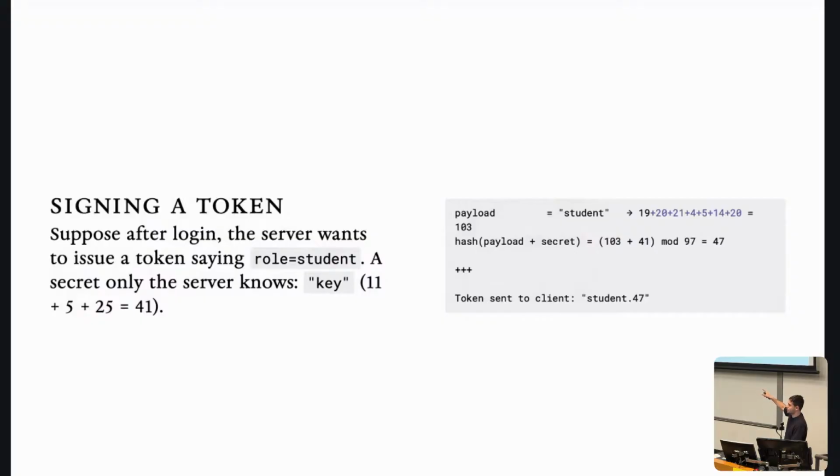We get the secret 41. Does that make sense? We're hashing key, K-E-Y, and we're getting 41. So we do something like 103 plus 41, and then we mod it. Basically we combine the value that we're tokenizing plus our secret, convert it to a single value, and then we send to the client something like student.47.